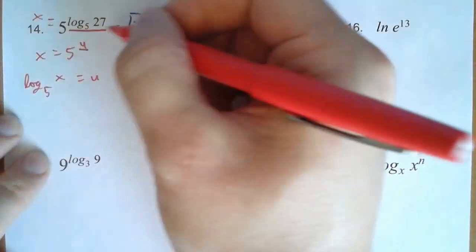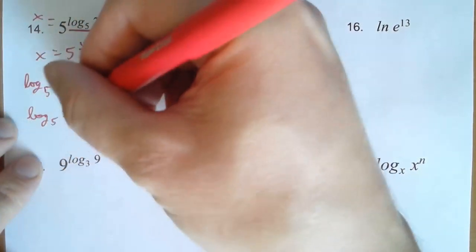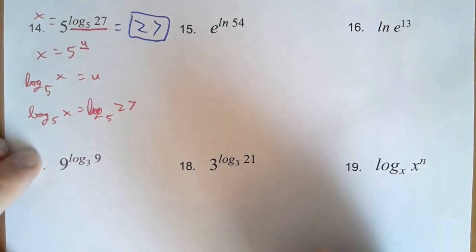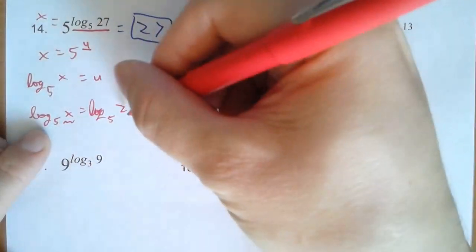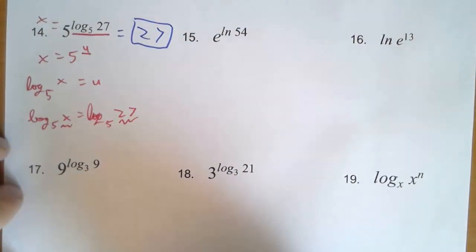Well, then let's put u back in. u was log base 5 of 27. Well, look at that. We've got log base 5 on both sides. This one's got x, this one's got 27. That means x has to be 27.